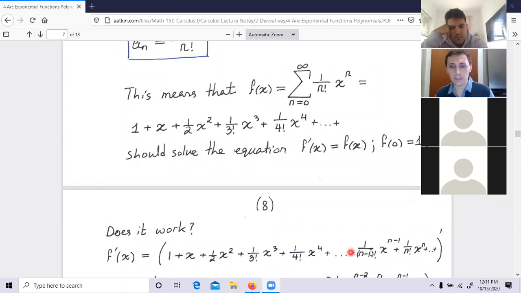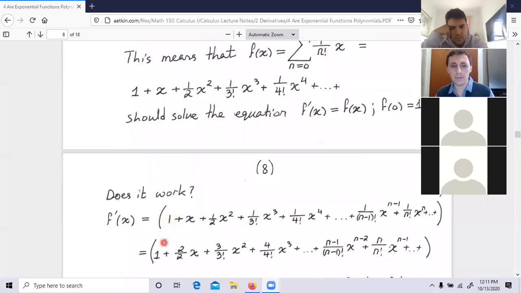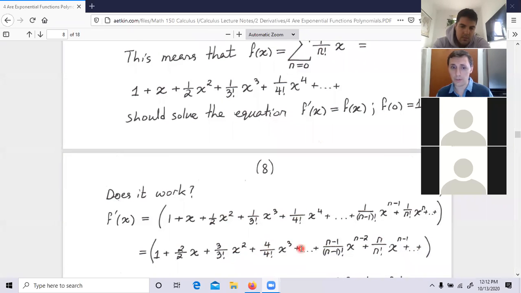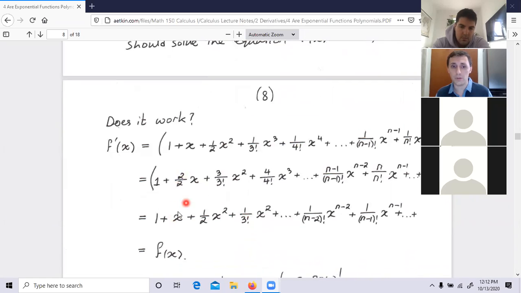So I take the derivative of that expression, term by term. So what happens? The derivative of x is 1. The derivative of 1/2 x squared is 2 divided by 2 x. The derivative of this term is 3 over 3 factorial x squared. Derivative of that is 4 over 4 factorial x cubed, and onwards, forever. So what happens here? 2 over 2 is 1. 3 over 3 factorial is 1/2. 4 over 4 factorial is 1 over 3 factorial.